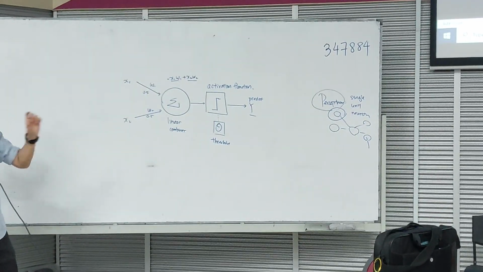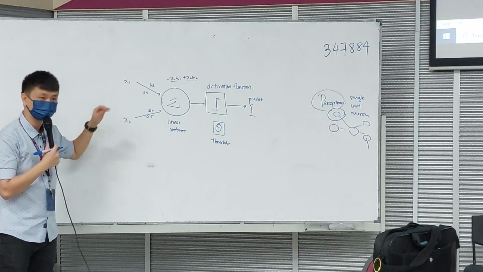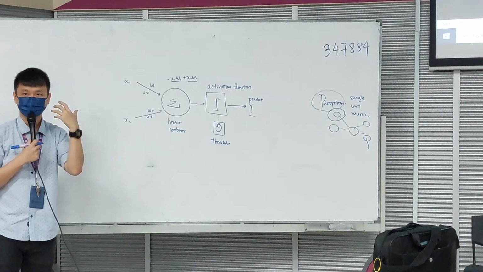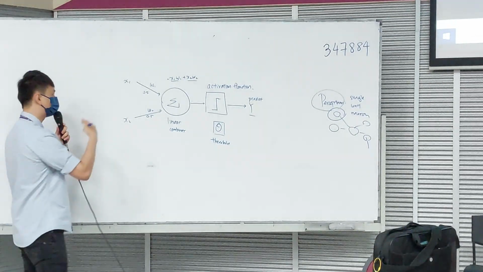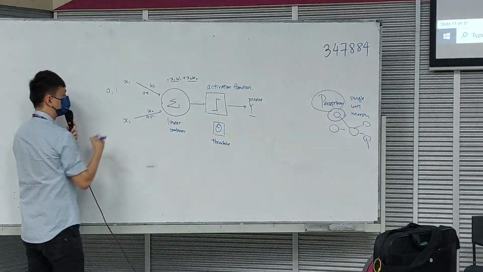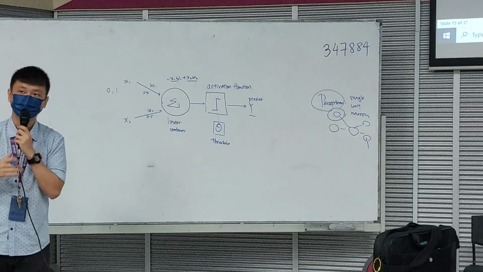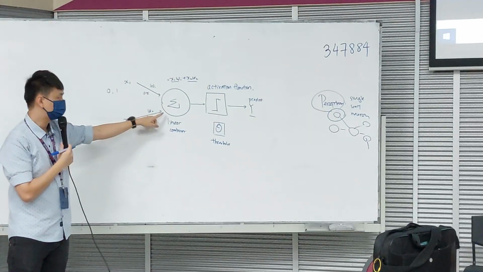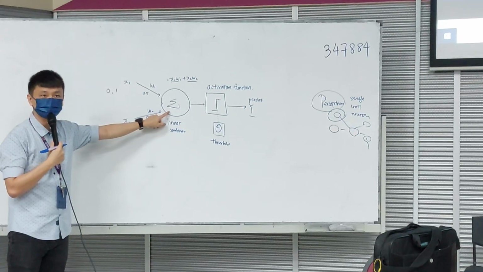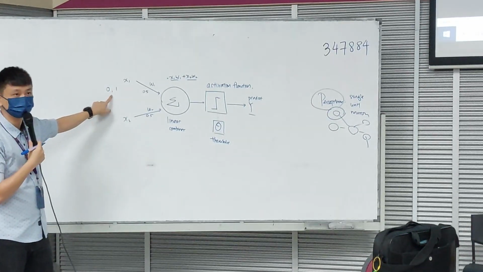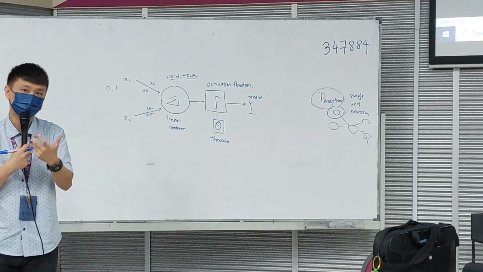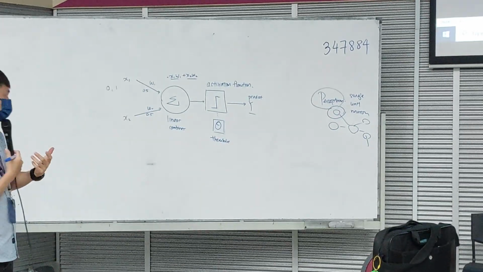Bear in mind, if your input is categorical data, for example female, male, tall, short, then you have to convert it into a numerical value, 0 or 1, because we need to perform calculations inside these neurons. So you cannot have any string here. You must convert it into a value. Okay?